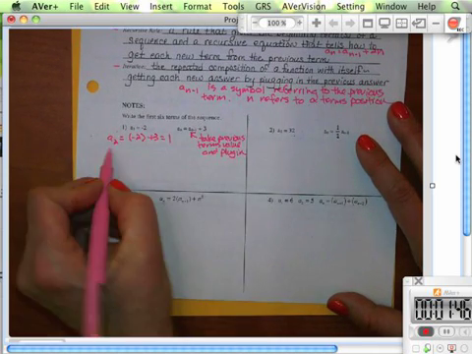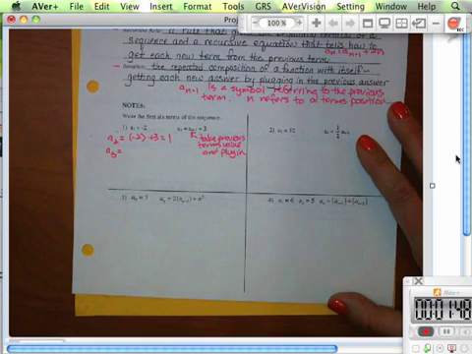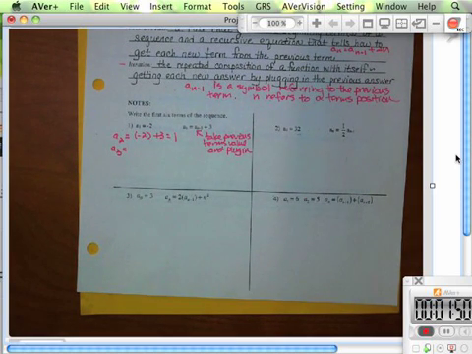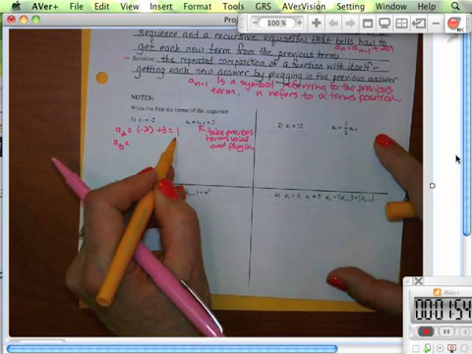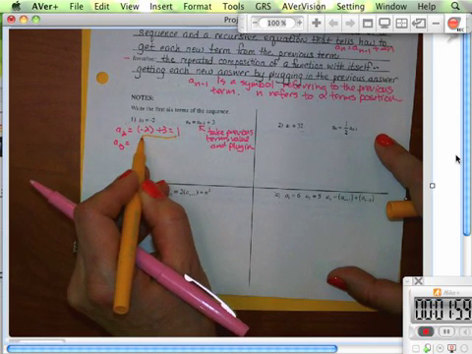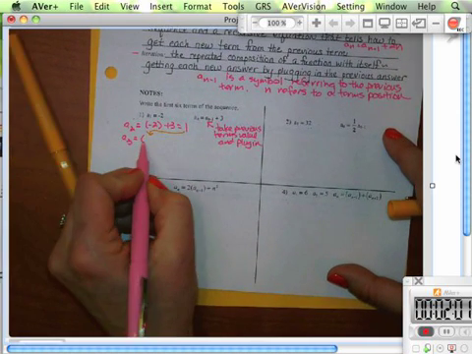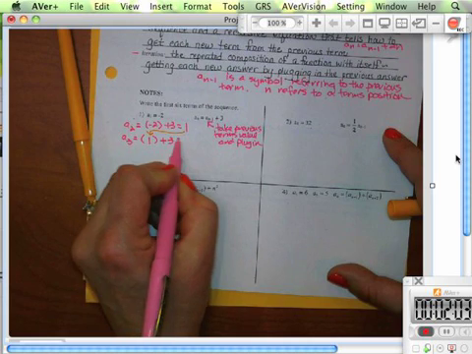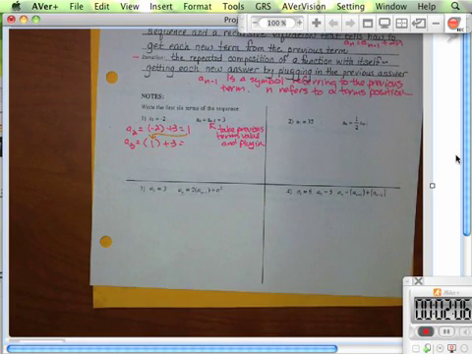Then I'll do a sub 3. This is equal to the value of the previous term, which is what? What's the value of a sub 2? 1. So that's what I'm going to use here. And that equals what?